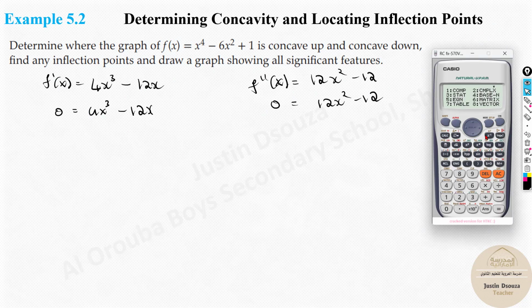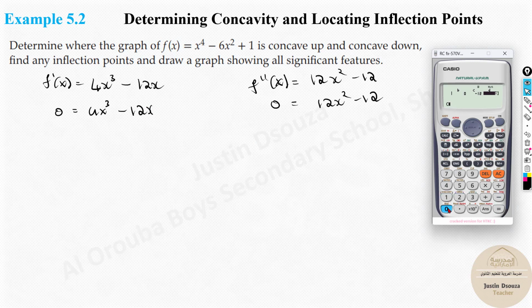Let's do this first. It is mode five, and now the cubic equations are given by mode five 4, and let's substitute the values. Before x cubed it was 4. Is there any term for x squared? b is for x squared. Now if you go via mode five 4, you can see b is the coefficient of x squared. There is nothing, right? So it's 0. The b value is 0. What is the coefficient of x? It's minus 12.